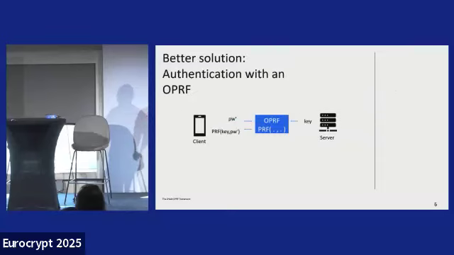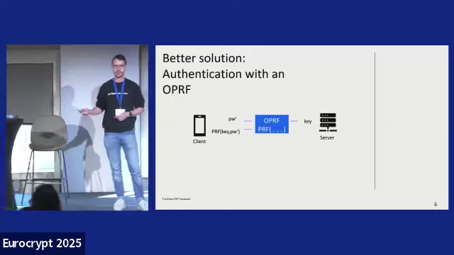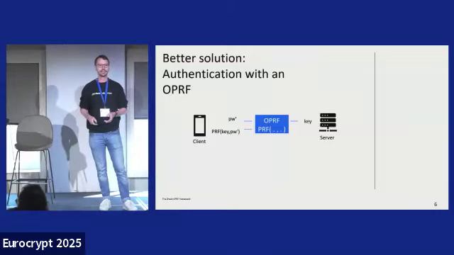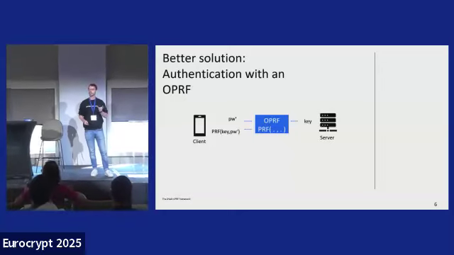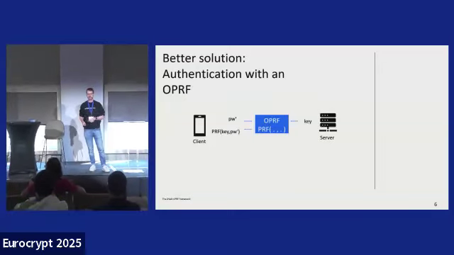So what can we do about this? The solution would be to execute an OPRF protocol between client and server. The client would put the password attempt into the OPRF protocol, and the server would use some key. In the end, the client gets a high entropy version of its password, but the server never sees the password of the client.